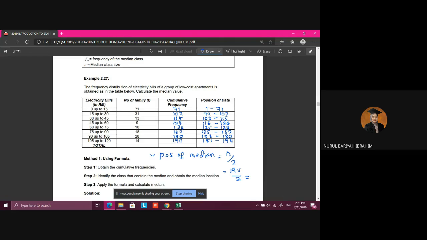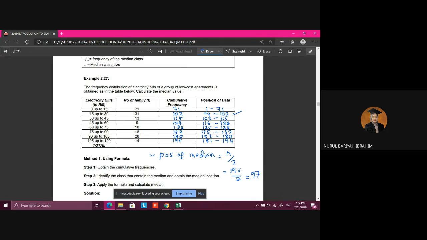The median is the middle point, so it is 97. The position of the median is 97. So which row and which class contains the 97th data? The 97th data is in the second class.